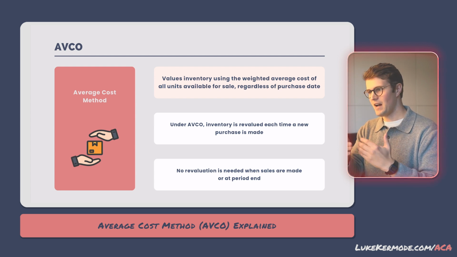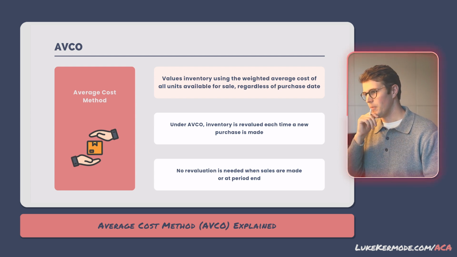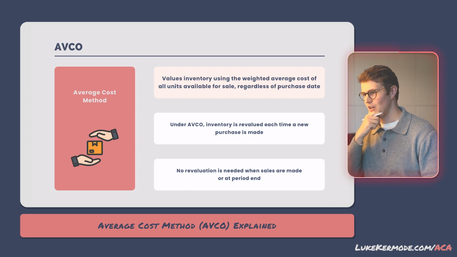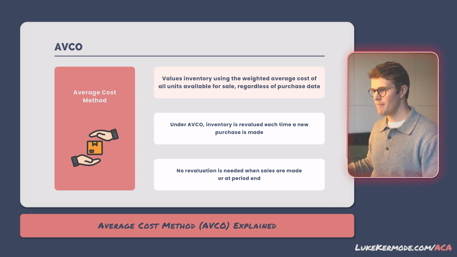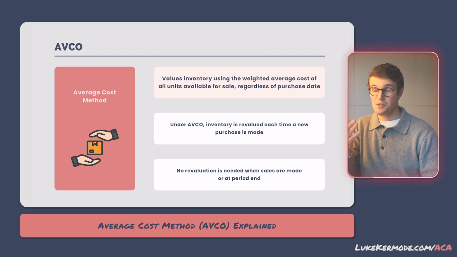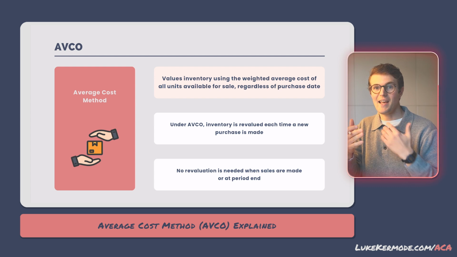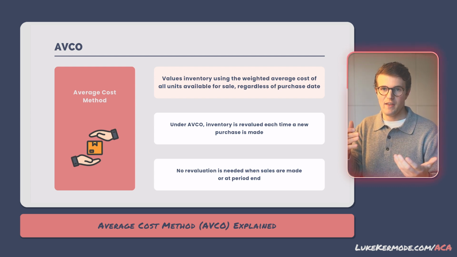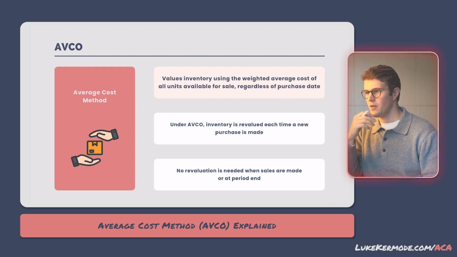So this updated average can then be used to value both the cost of goods sold for the period and closing inventory. So what's important to remember is that under AVCO we only revalue inventory when a new purchase takes place, not when a sale is made, and also not at the end of the accounting period.